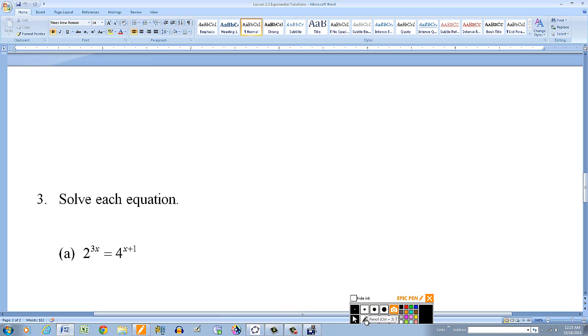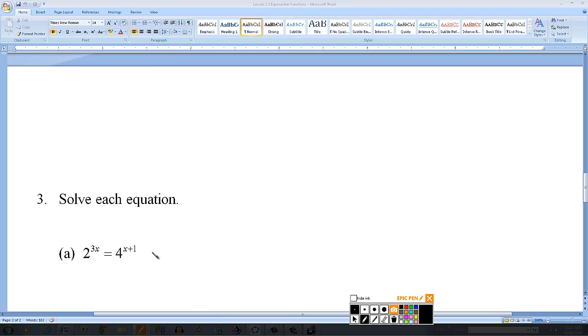But what I'm going to do here is say, okay, on the left side I have a base of 2, so I want to try to write the right side with the same base. Well, I know that 4 is 2 to the second. Okay, so I'm going to write the 4 as 2 to the second, and then this would be x plus 1 here.